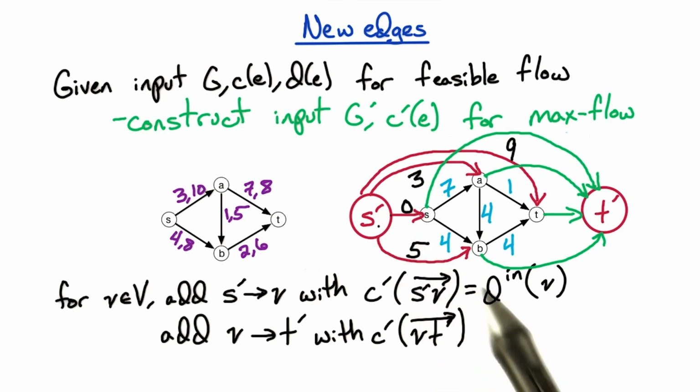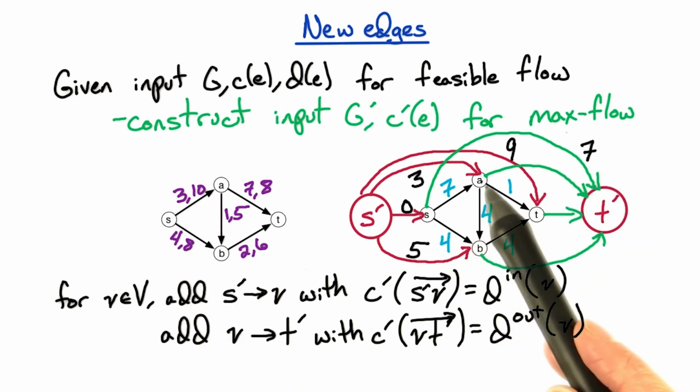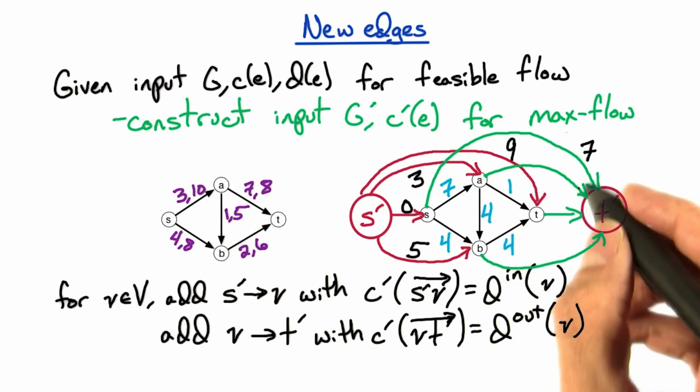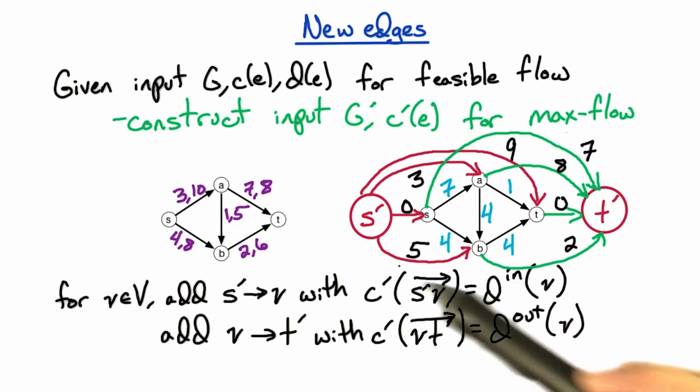Well, from S prime, that captured the demand into the vertex V. And these edges to T prime are going to capture the demand out of the vertex V. So vertex S has demand out of 7. So this edge has capacity 7. Vertex A has total demand out of 8. So this edge has capacity 8. T, of course, has 0 demand out. And B, in this example, has demand out of 2. So that fully specifies our graph G prime, which is our input to the max flow problem.